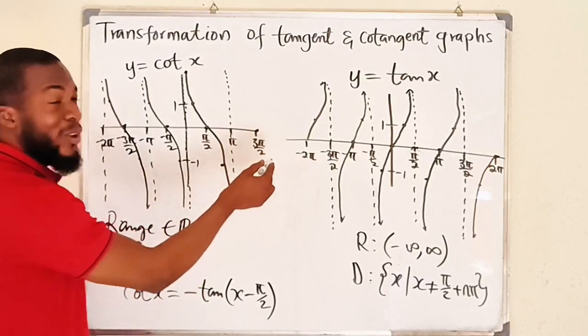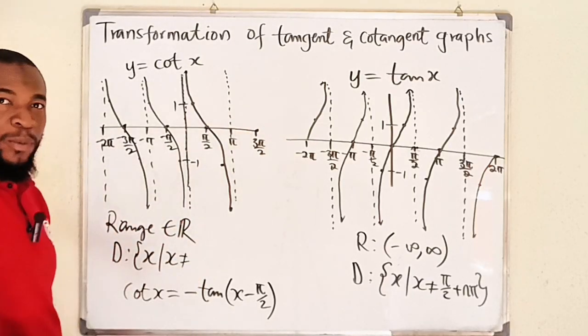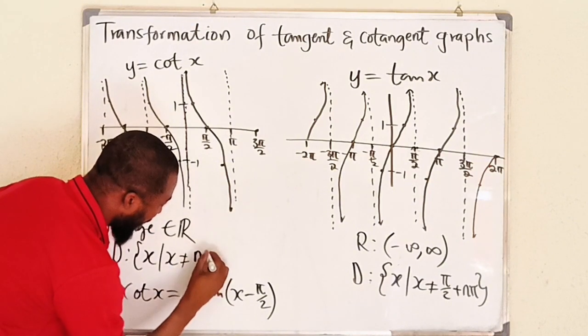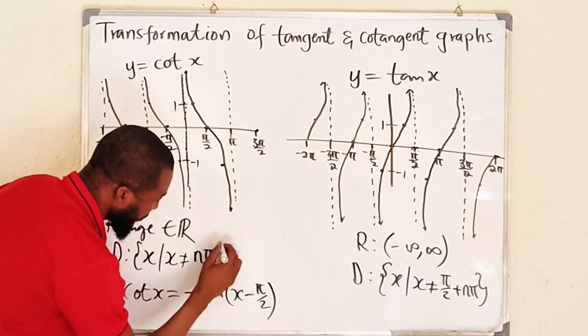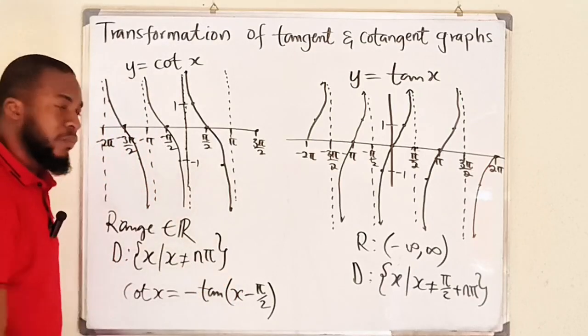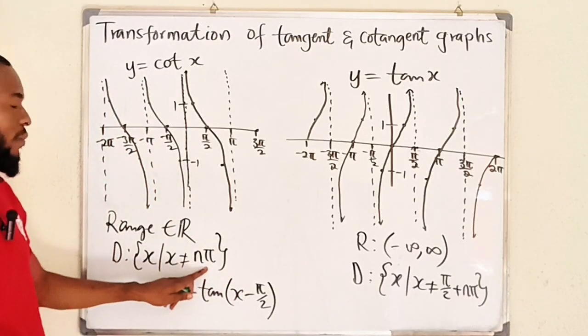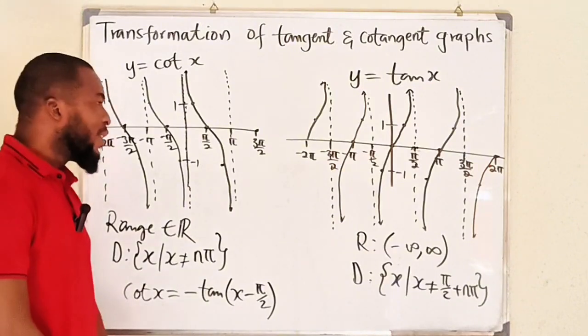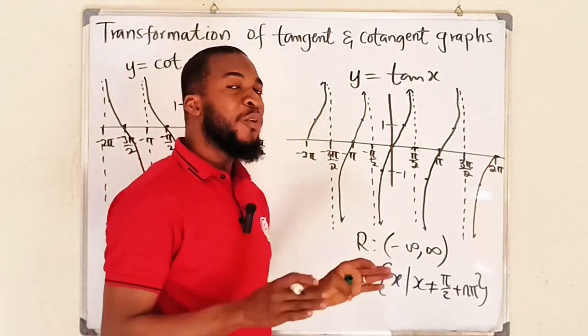From pi to pi, you have 2 pi. So it is a multiple of pi, so we have n pi. All the multiples of pi. We don't want our x to be equal to those values.